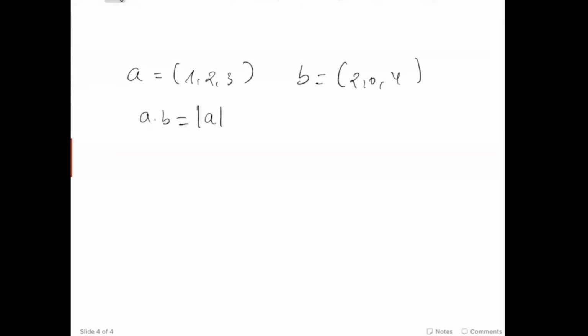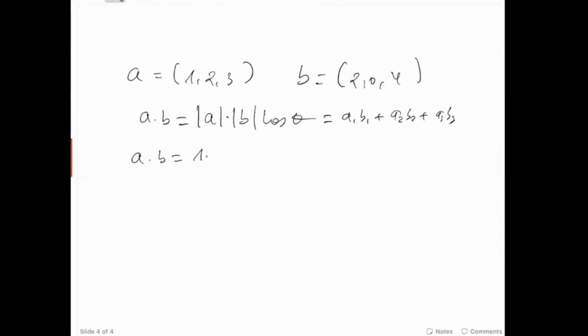So we have a dot b, which is given as the modulus of a times the modulus of b times the cosine of theta. And of course, this is equal to the sum of the products a1 b1 plus a2 b2 plus a3 b3.